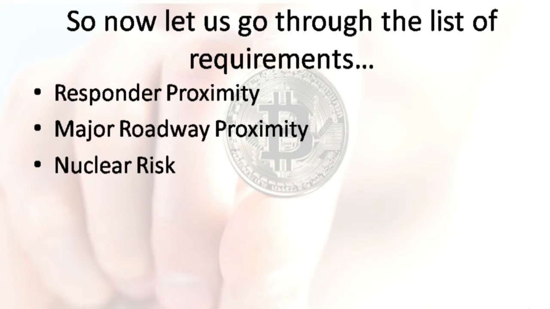For example, the nuclear risk, right? Even though it has an evacuation zone in which, if you are situated within 50 miles of a nuclear power plant, you will need to be evacuated, however, mostly you would be remote to your mining facility, so it won't apply to you.